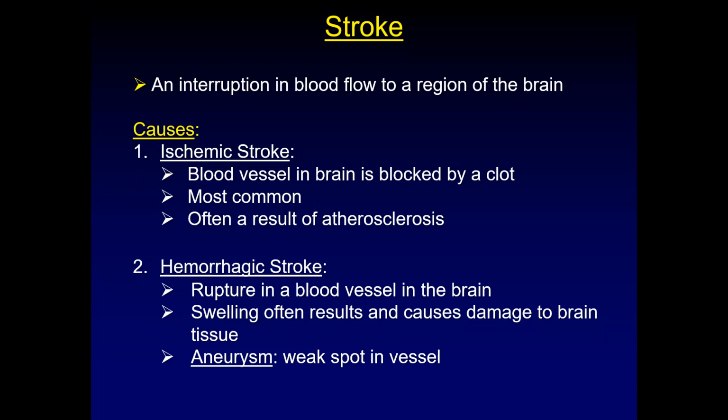Okay. So we break down the types of strokes based upon the root cause of the stroke. So there's two kinds. There's an ischemic stroke, and then there's what we call a hemorrhagic stroke. Ischemic strokes are the most common. With an ischemic stroke, you get a blood clot that gets stuck in a cerebral artery, and it blocks blood flow downstream.